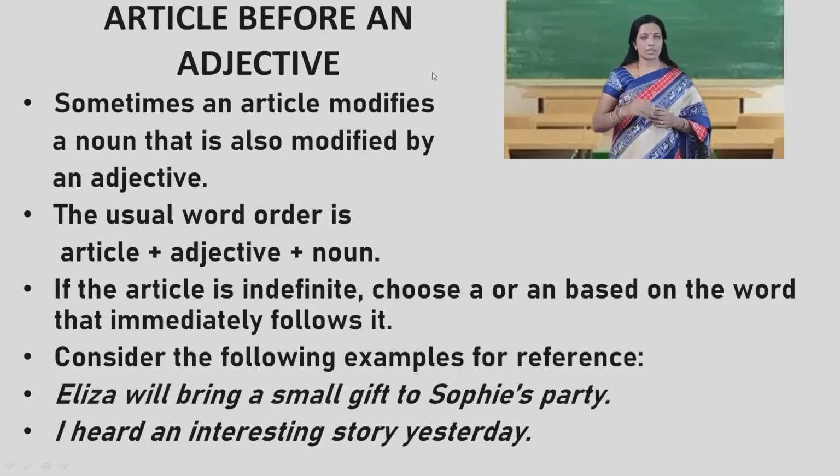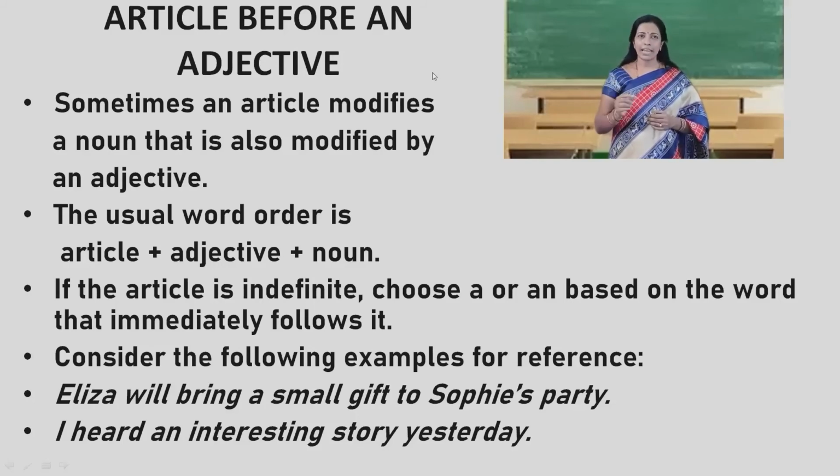Let us now look at a few examples. Eliza will bring a small gift to Sophie's party. Now, in this sentence, gift is the noun. Because it is not particular or specific, we will have to use an indefinite article. Now, the word which precedes gift is small.